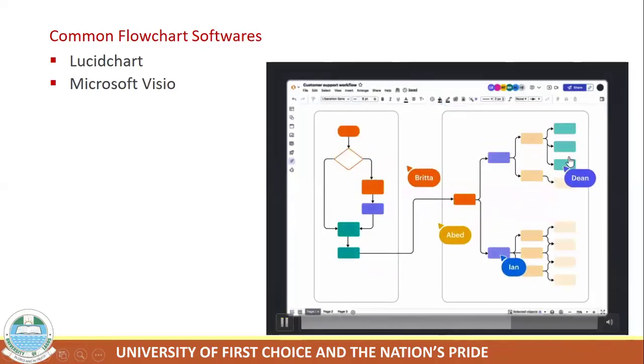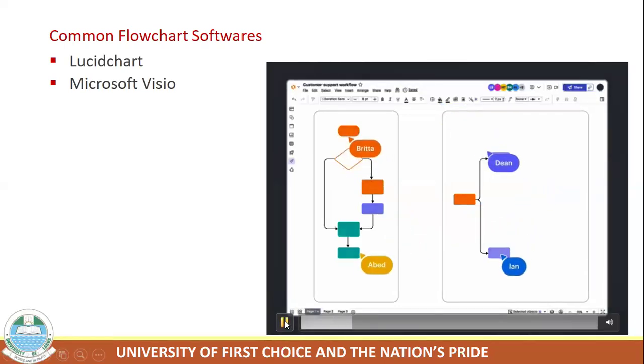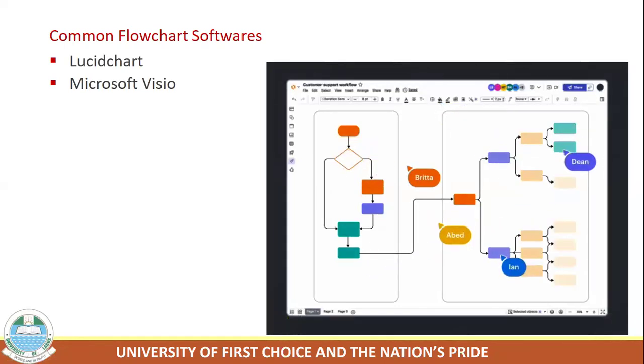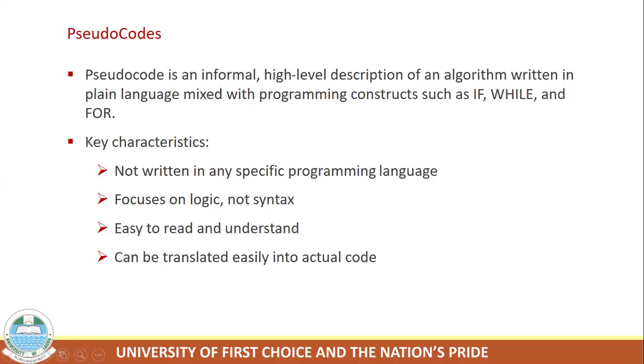So if you notice, it's faster rather than you picking up a connector to connect this to another. You just drag and drop and all that. So this just shows from the site how you can connect them. That's some common flowchart software.